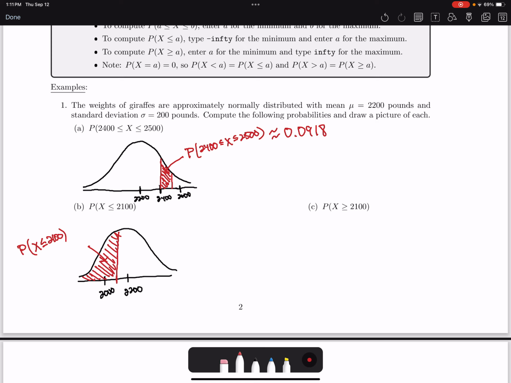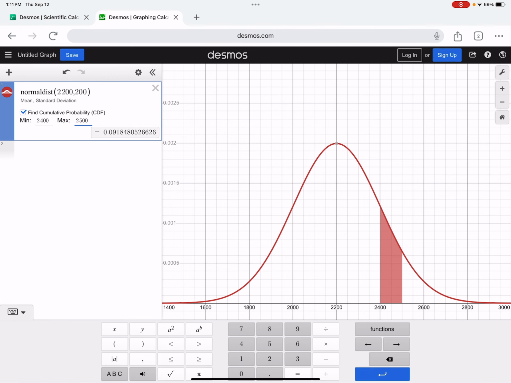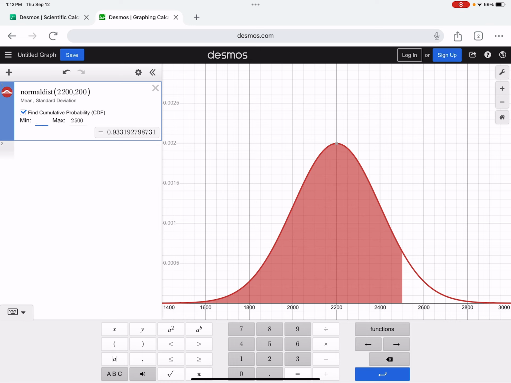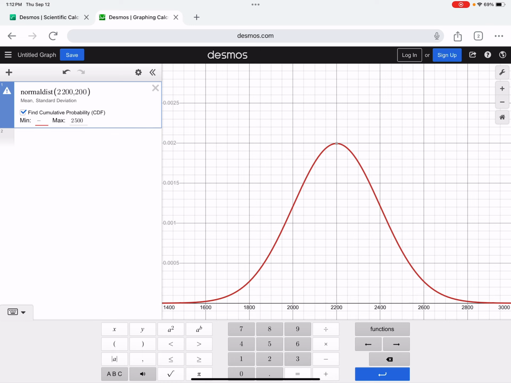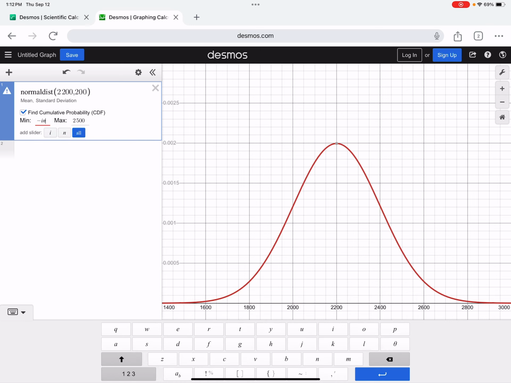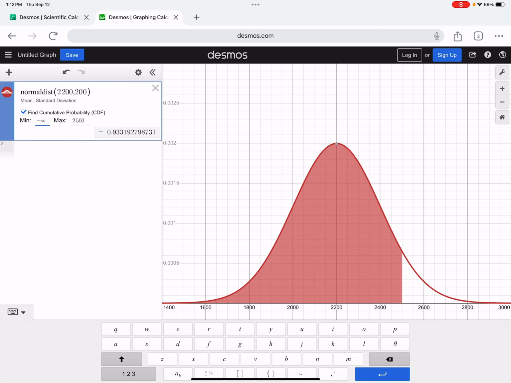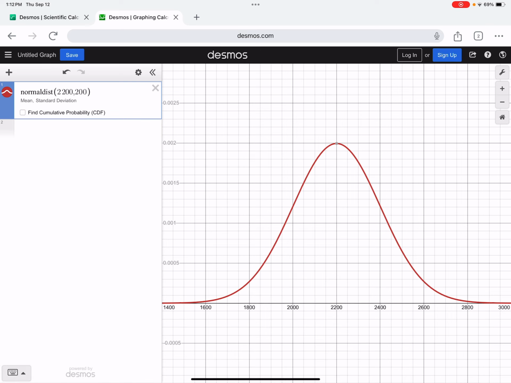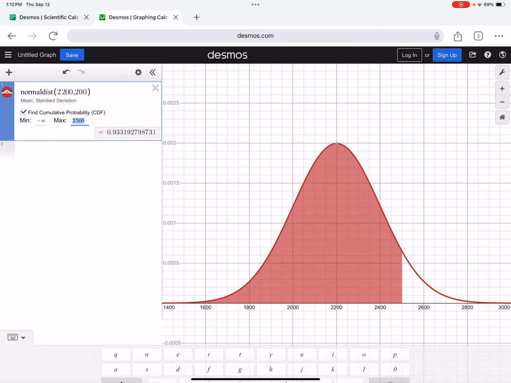Let's take a look. So since we want the probability x is less than or equal to 2,100, there is no lower bound. We would just type in negative infinity. Okay, but the maximum should be 2,100.